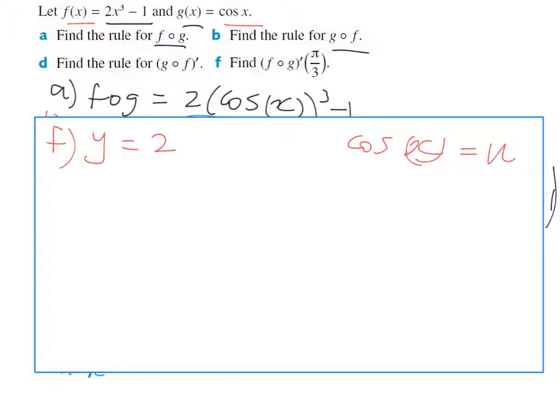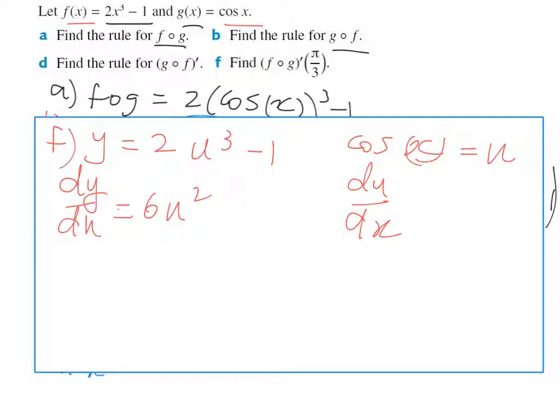So we've got 2u cubed minus 1. So then dy du equals 6u squared, and du dx equals negative sine of x. Then we multiply both of these to find our dy dx.